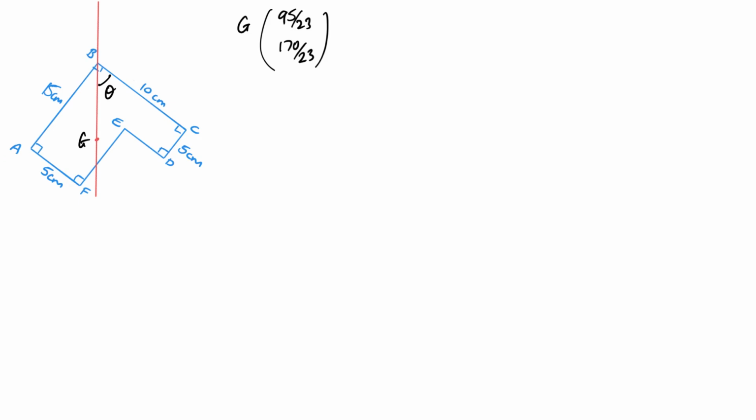So all we need to do here is find our angle. We can do that by, there's a few options here. So if I go straight up there, as I know these distances, so I can redraw this triangle like so. There is my theta, and that is point B, point G, and I know that this distance here is this horizontal distance, which is 95/23.